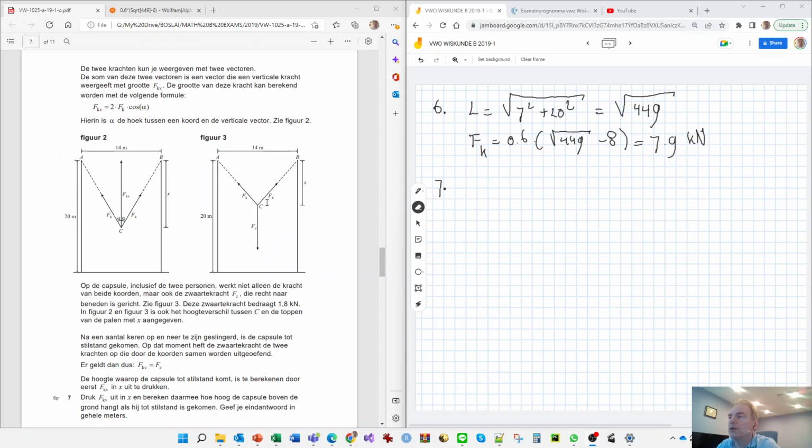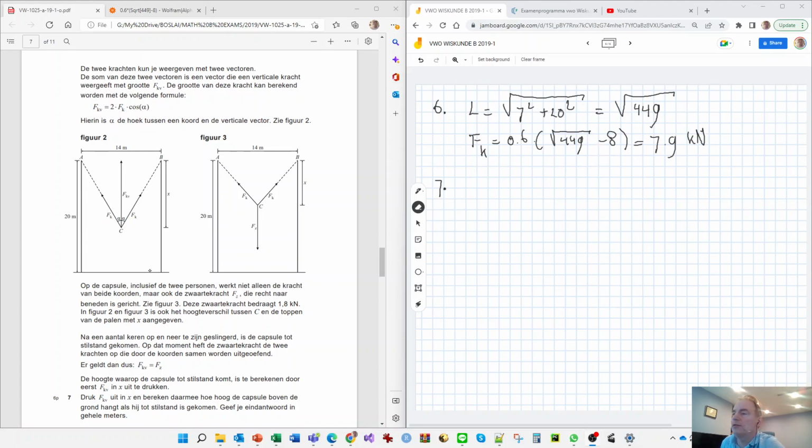And furthermore, there is a height difference of x between the capsule and the top. And at a certain moment it will be at standstill, and at that point the vertical force on the capsule will be the same as the force of gravity.